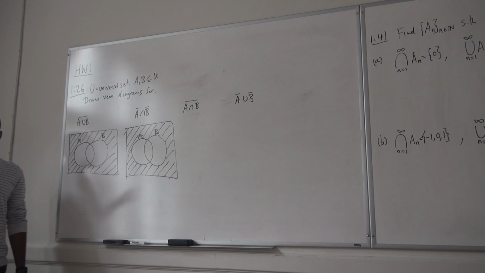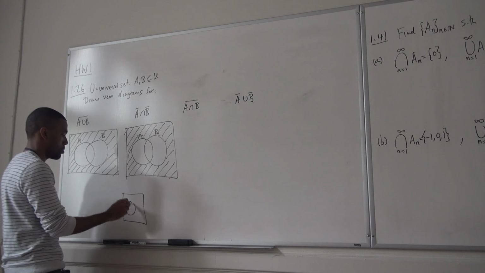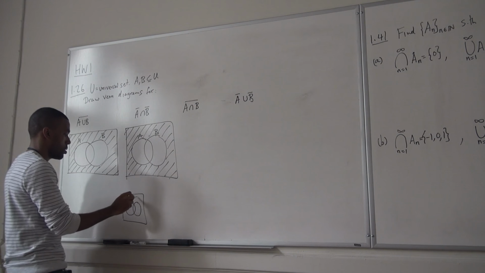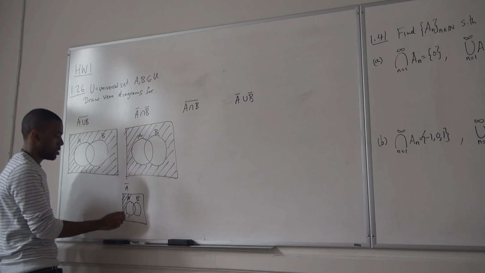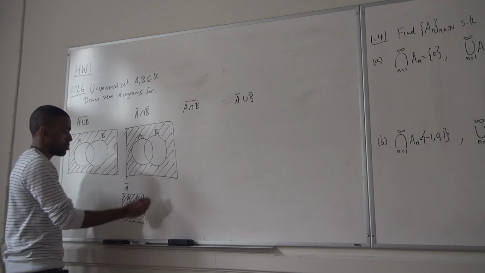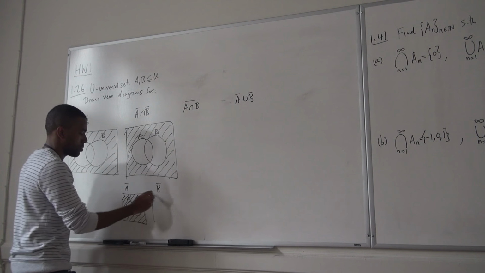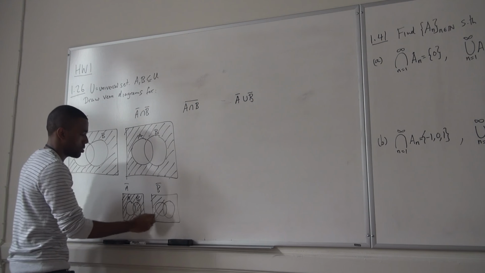Are there any questions on why that is? Sure. Because if I'm graphing A complement, it's everything here. If I'm graphing B complement, it's everything here.